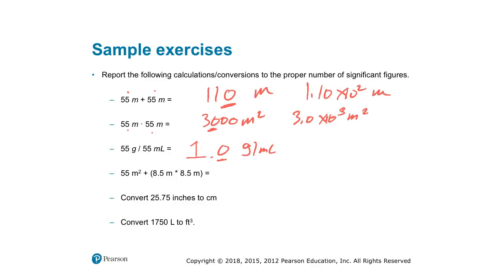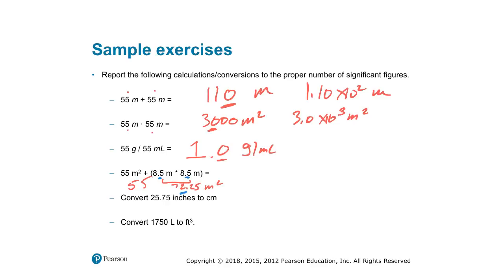55 plus 8.5 times 8.5, I'm going to throw that onto a calculator. 8.5 times 8.5 is going to be good to 2 significant figures. That's 72.25. And I'm going to add 55 to that. Now, let me come back here and say that 72.25 is only good to 2 significant figures.